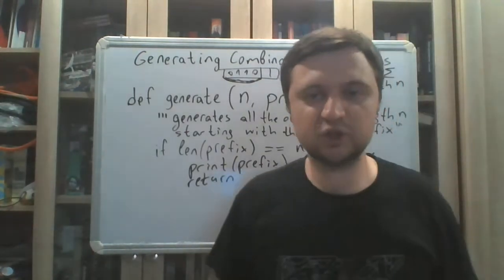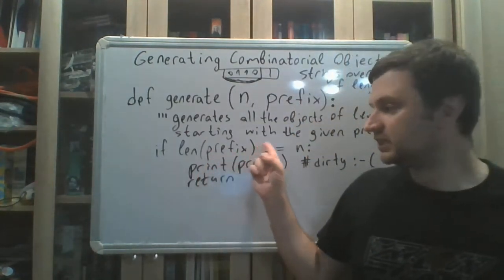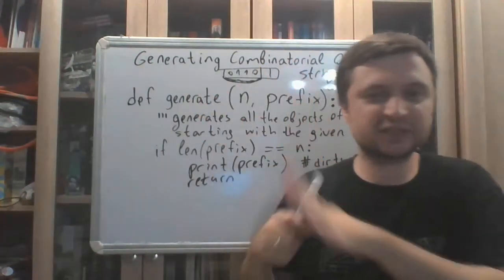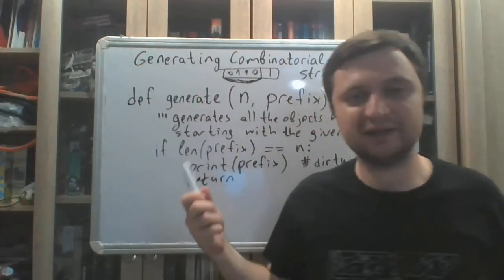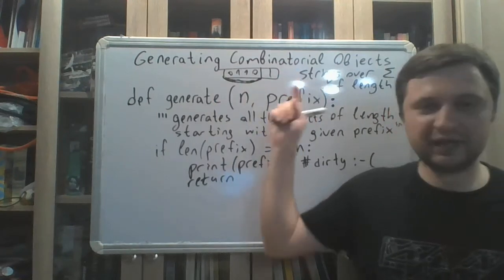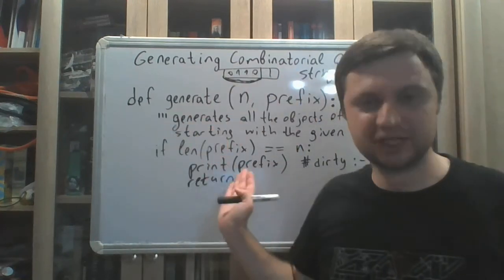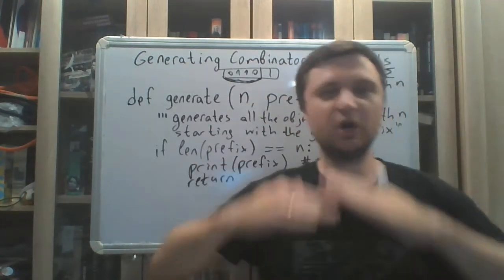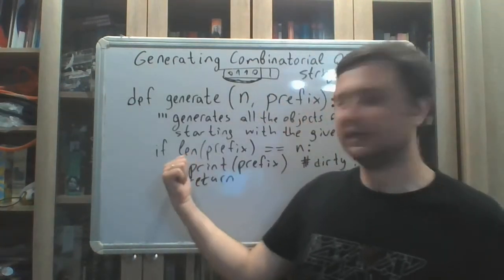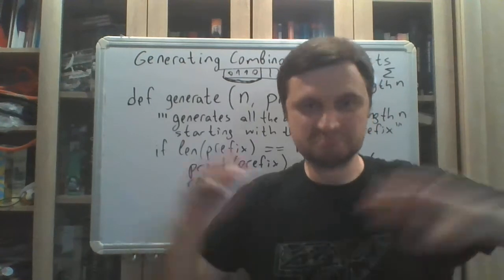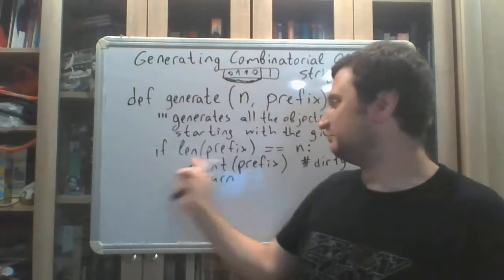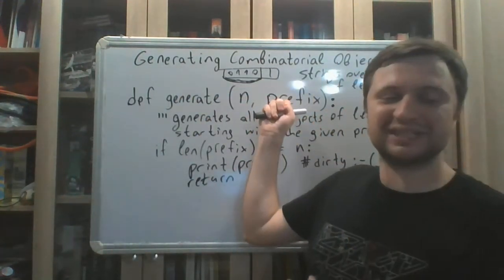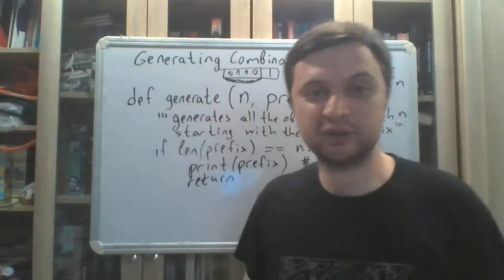So if you are asked to generate all the objects of size n with a prefix of length n, here is the object, process it, finish your job. So the subcontractor of this level is really a simple person who just does his work by returning after processing the prefix, finishes the work and receives the salary.